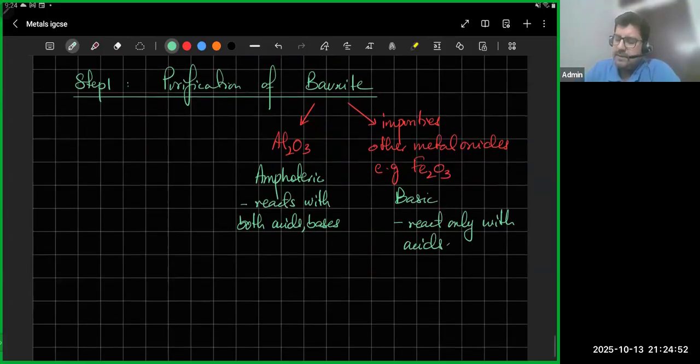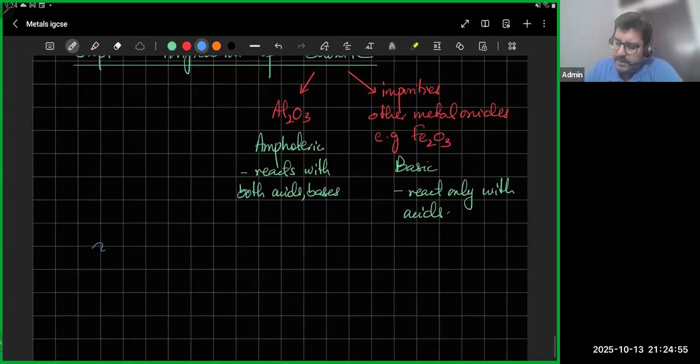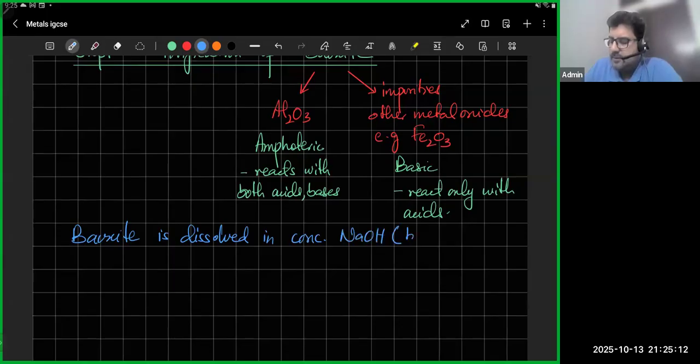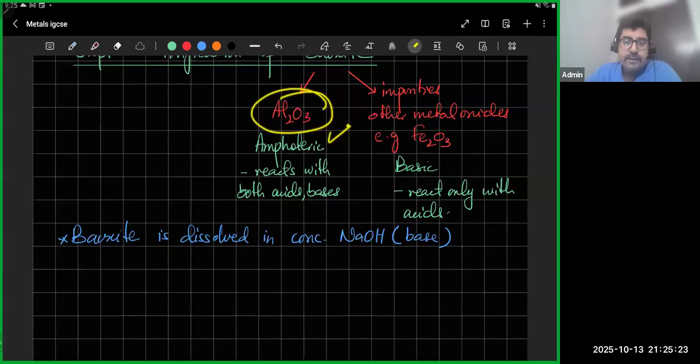Now, what you do is you take these rocks, this bauxite, and you dissolve it in concentrated NaOH, which is the base. Since aluminium oxide is amphoteric, it is capable of dissolving in NaOH because it will react with both acids and bases. Other metal oxides will not because they only react with acids.